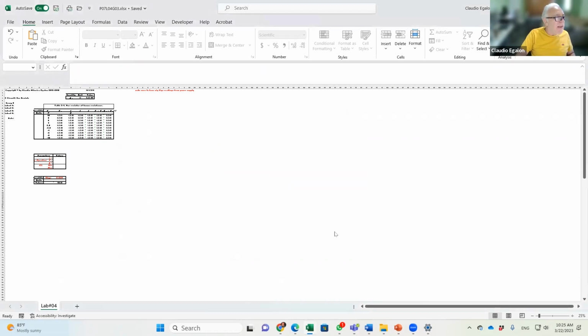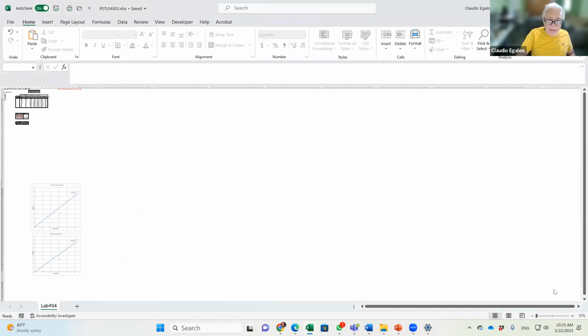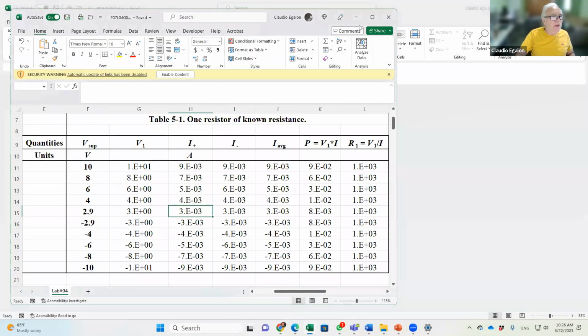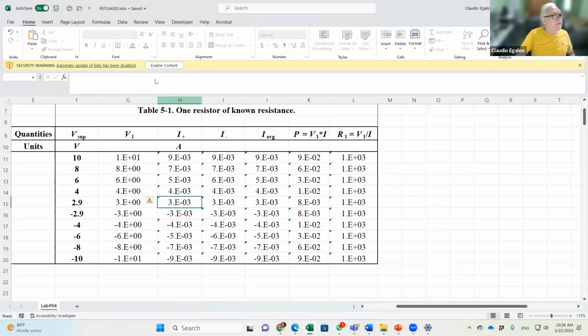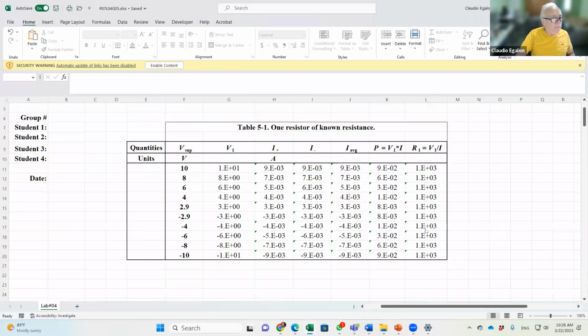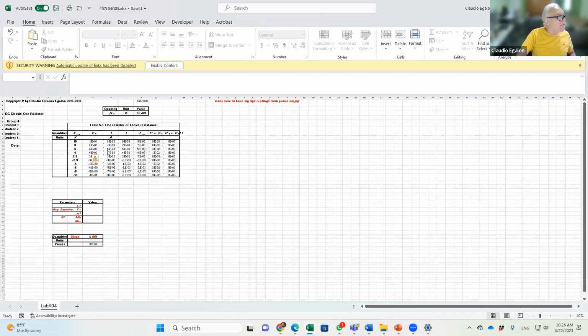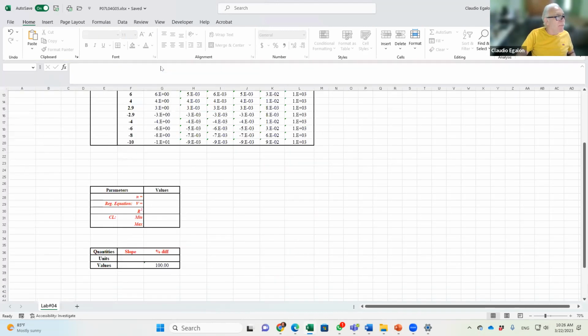Yeah, it looks like every spreadsheet has those graphs there at the bottom. Group number 1, group number 5 as well.